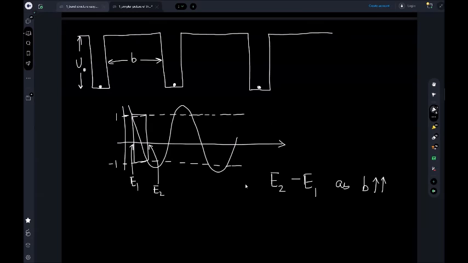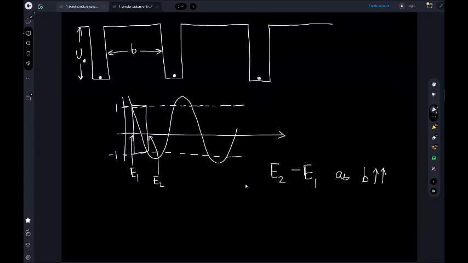So I hope you have thought about it, and the answer is as b is increased, we are pulling apart atoms far away from each other. So atoms will now try to act like they are independent of each other, and they'll try to influence each other less because we are increasing the separation between them.